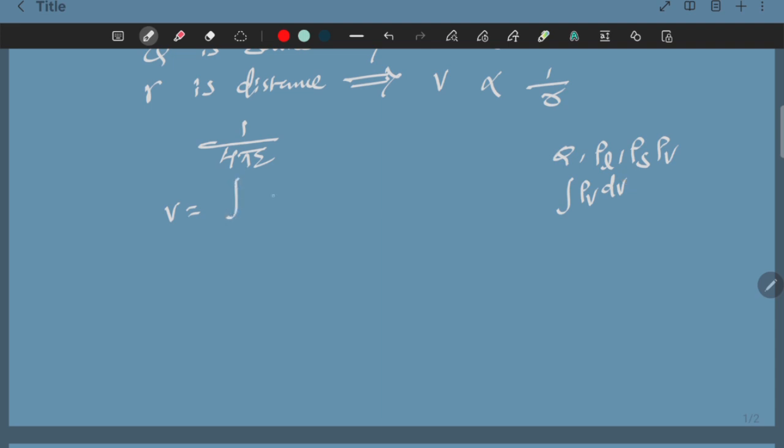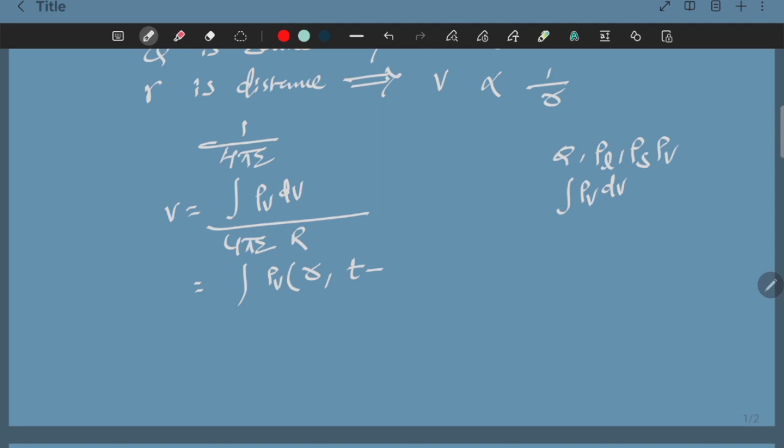So now the equation can be modified like this: integral rho v dv by 4 pi epsilon into the distance is R. But the charge is not fixed. Charge is changing with respect to time and space. So rho v is a function of distance and also with respect to time. But here I am representing the delay.